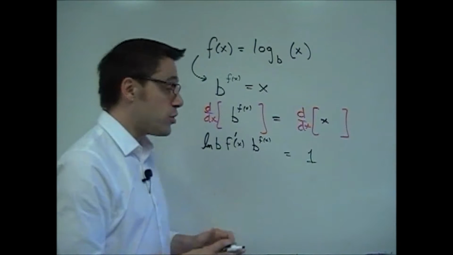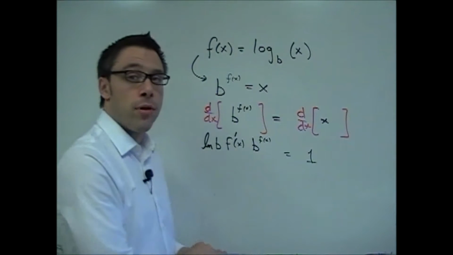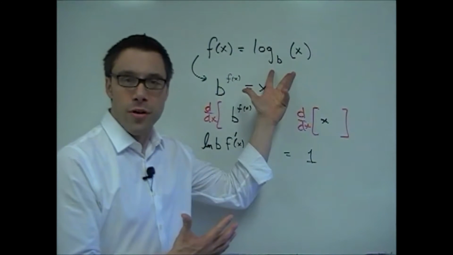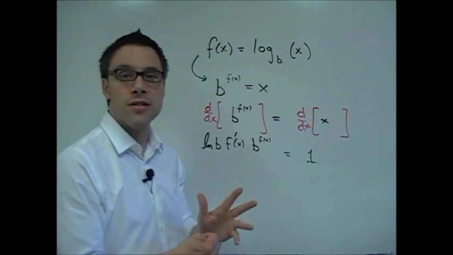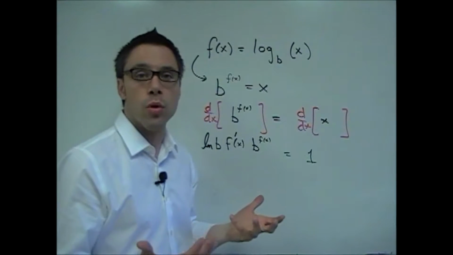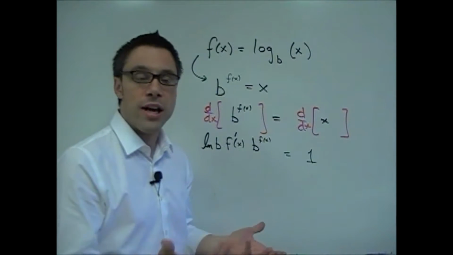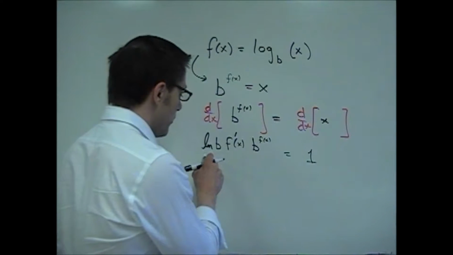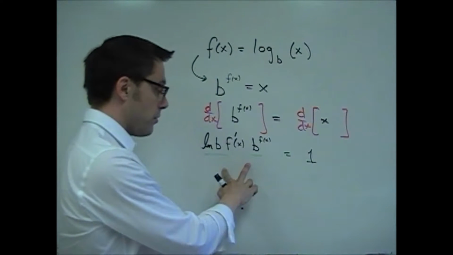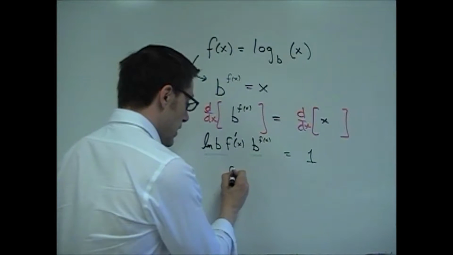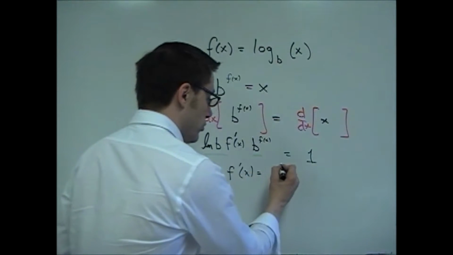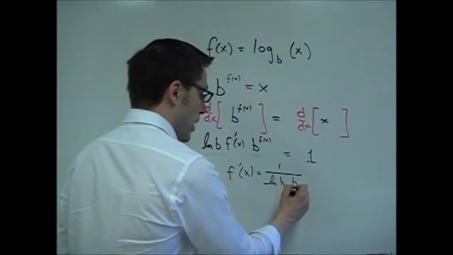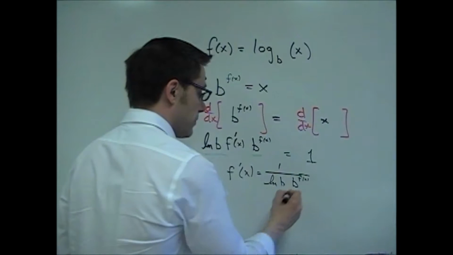Now I'm going to use algebra in order to isolate f prime. Because after all, my original f is the logarithm function, right? So if I can figure out what that is, I'll now have the shortcut rule for differentiating logarithm base b. So I'm just going to use algebra. I need to divide both sides by those two values, and I get that f prime of x is equal to 1 over the natural logarithm of b multiplied by b to the f of x.